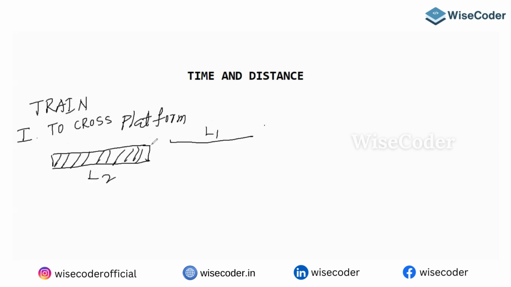He'll ask you in how much time the train is going to cross this particular platform. Guys, in the previous question, the man's length or the tree's length was negligible compared to the train length.